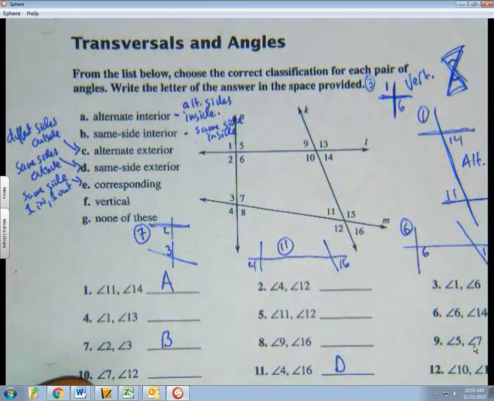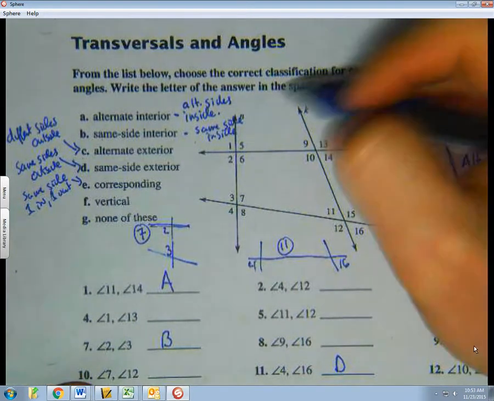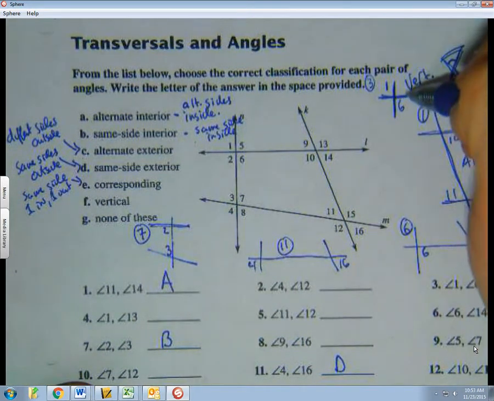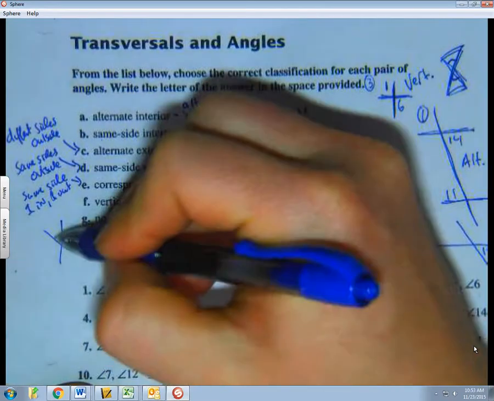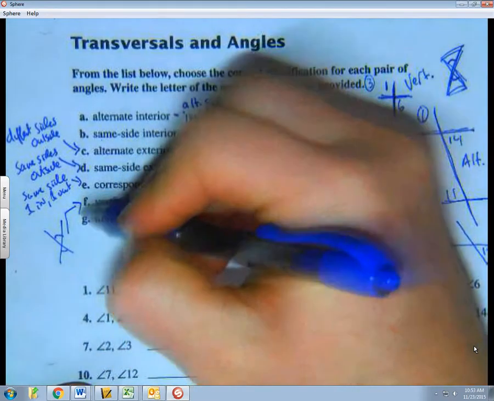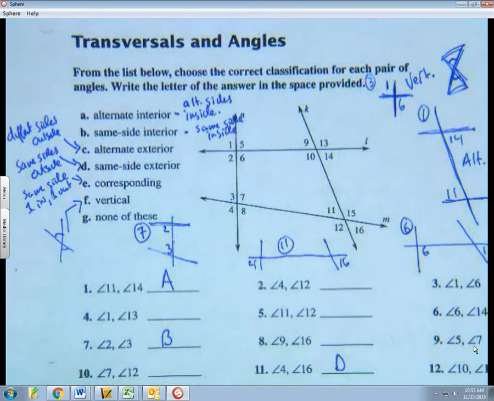Vertical. I'm hoping we know what vertical is. Draw a picture of vertical. Those are vertical angles.